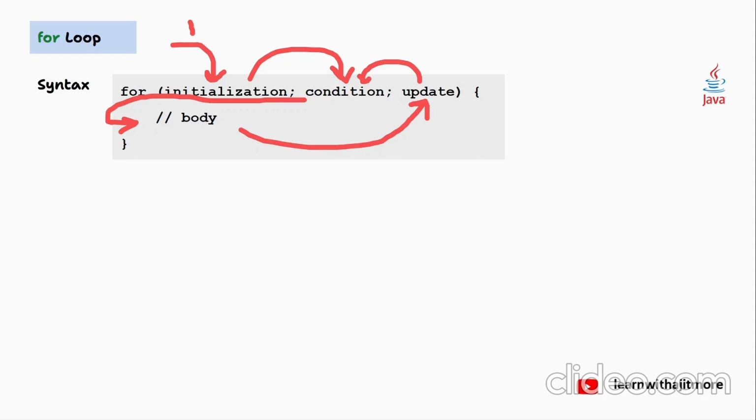Again if it is true, enter the body, run that body, again come for updation, again check the condition. This will go on. Getting? But if the condition is false, it will stop from there and come to the next statement, which is after the for loop. For के बाहर जो भी statement रहेगा, it will continue from there.